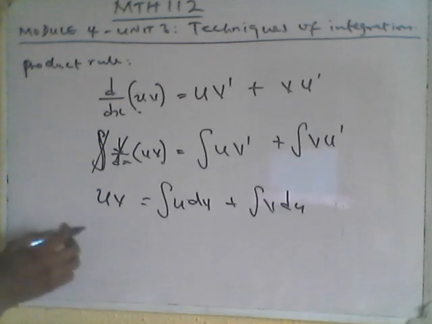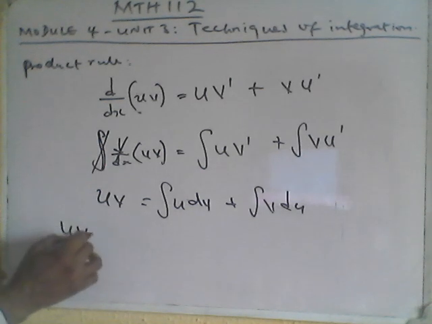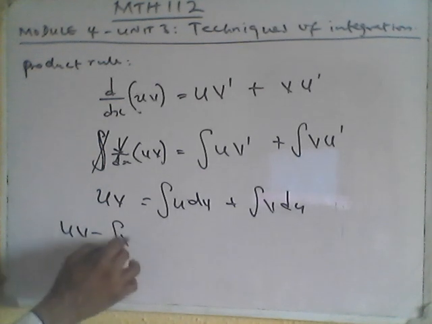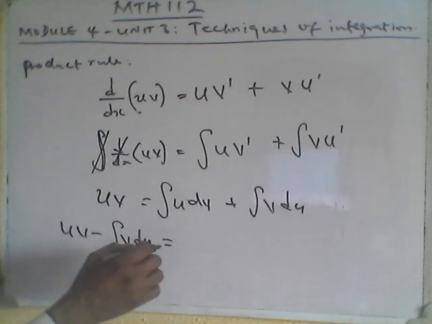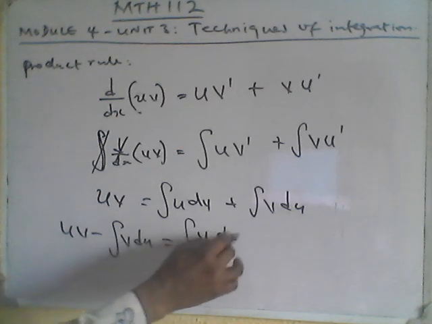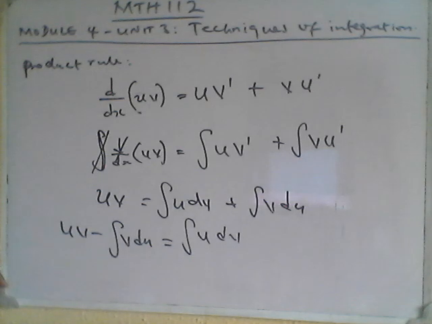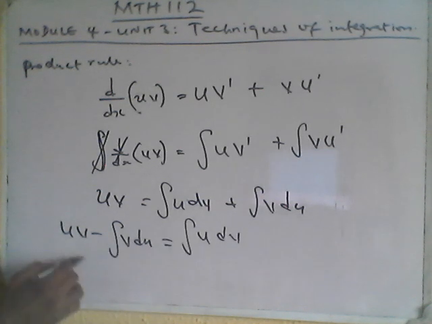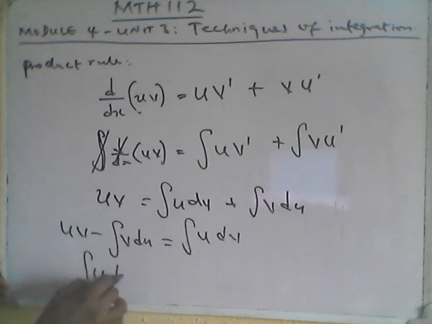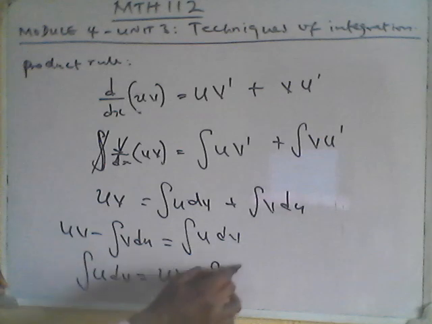So I have uv minus integral v du is equal to integral u dv. Or I can put it on this side: integral u dv is equal to uv minus integral v du.